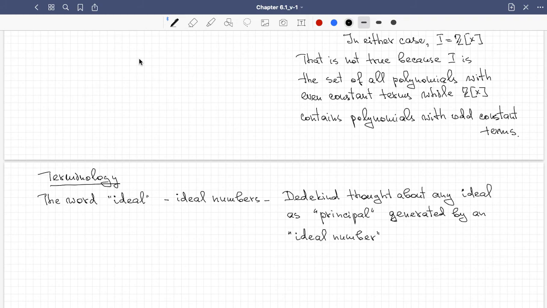So, generated by an ideal number, an element of the ring which actually does not exist.